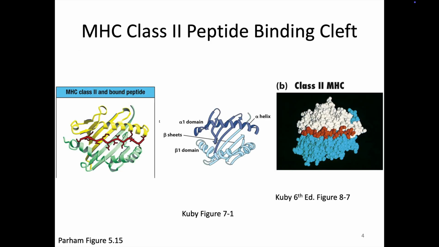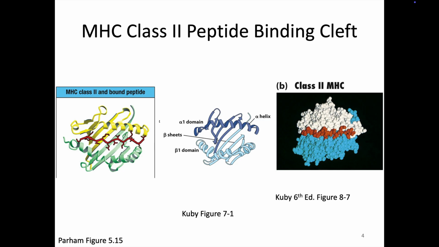And what I left you off with is this idea that one of the key differences with MHC class 2 is that the binding cleft has open ends instead of closed ends. So you can see the peptide goes all the way across in class 2. And in fact, it can often hang off the ends.